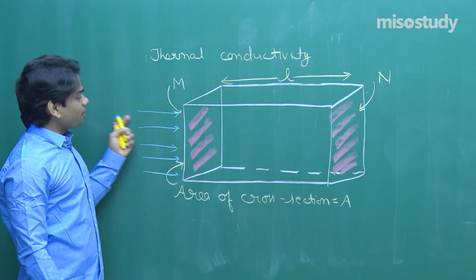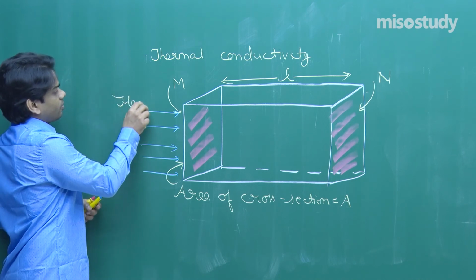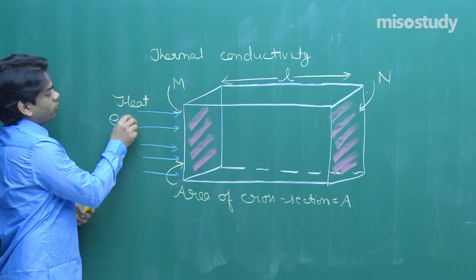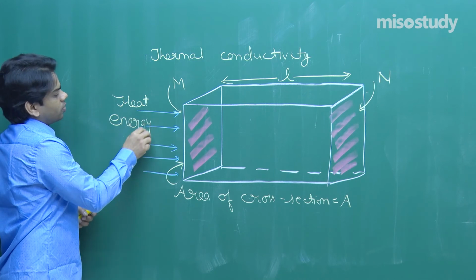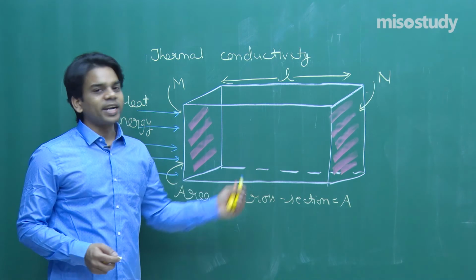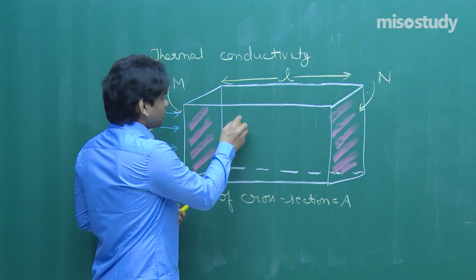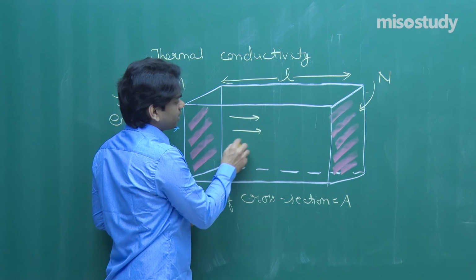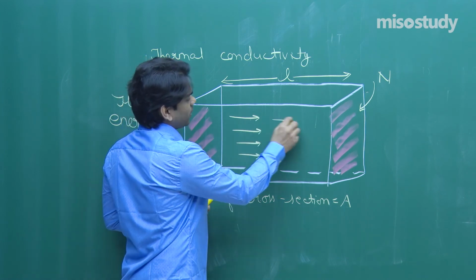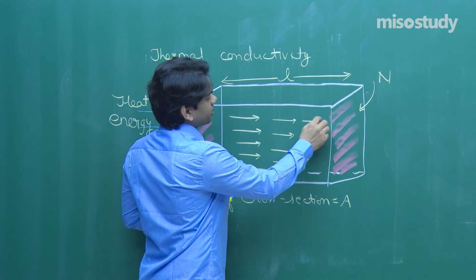Now see here, I am providing heat energy to one of its ends, by any source. Heat energy will be gradually transmitted through the entire solid from one end to the other end. So let me show you that heat energy transmission is taking place within the entire solid object.